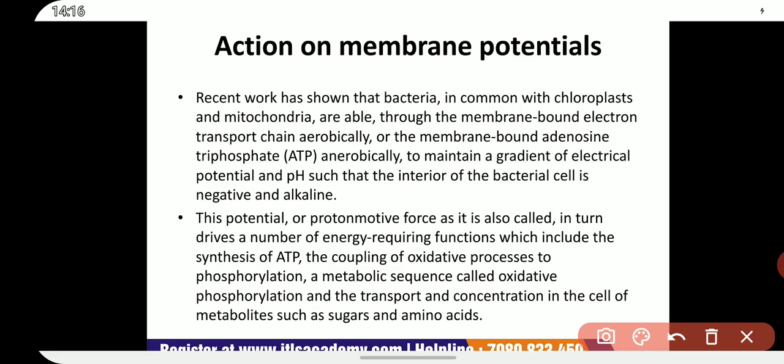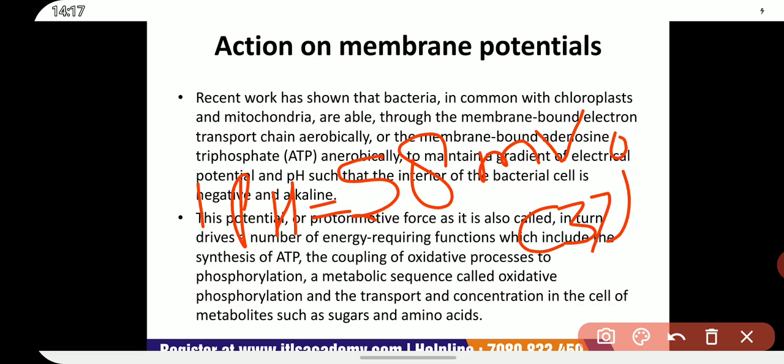This potential gradient and the electrical equivalent of the pH difference, that is, if one pH unit is equal to 58 millivolts at 37 degrees centigrade, gives a potential difference across the membrane of 100 to 180 millivolts.